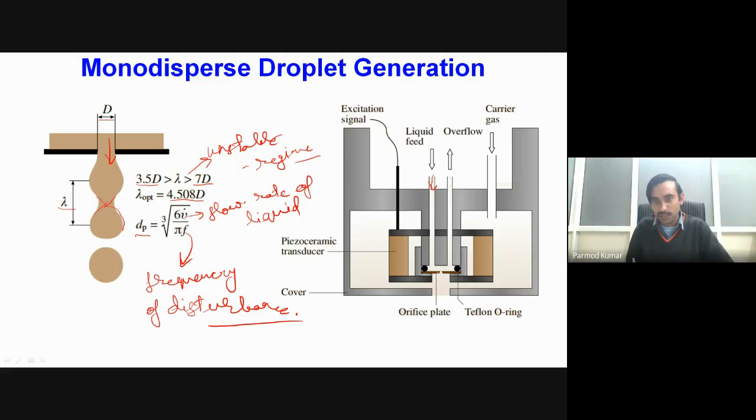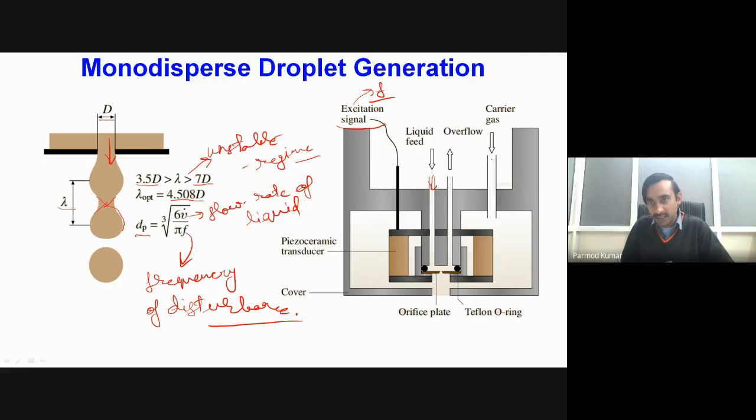Then at the bottom section we have an orifice plate, and this orifice plate is connected to a piezoelectric transducer, in which we provide some excitation signal, and f is the frequency of the excitation signal. Because of that, we have oscillations of this orifice plate, and while the fluid comes out from here, we have generation of waves along the periphery of the liquid surface.